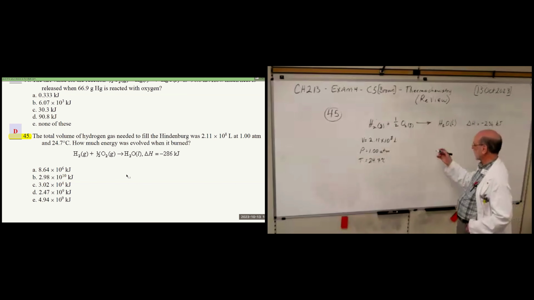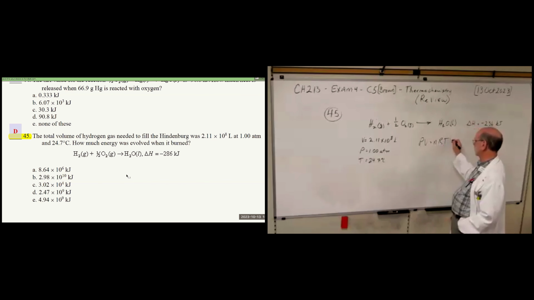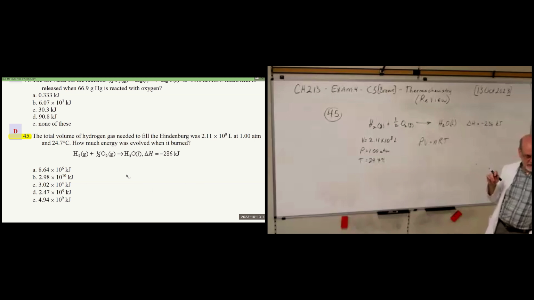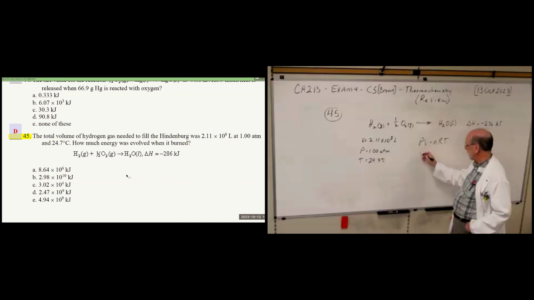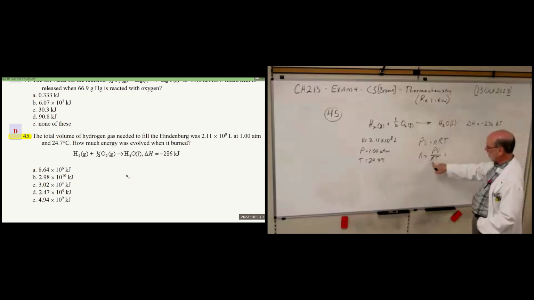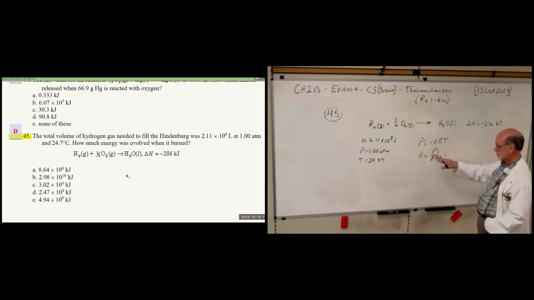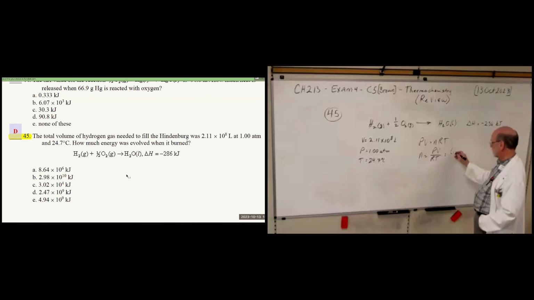How about the ideal gas equation? Solve for n. So that's PV over RT. Pressure is good, right? If R is in liter atmospheres per mole K, then atmospheres is good. 1 atmosphere.